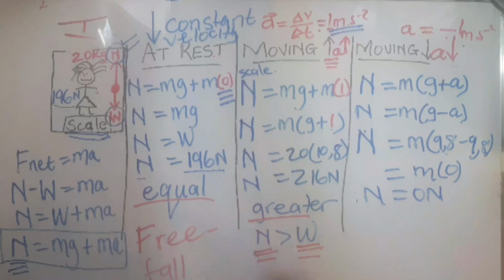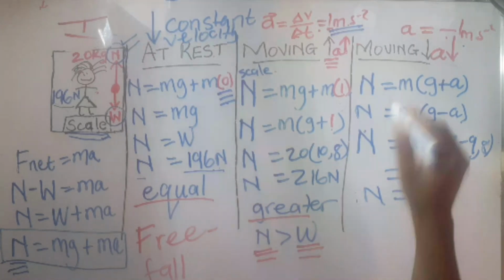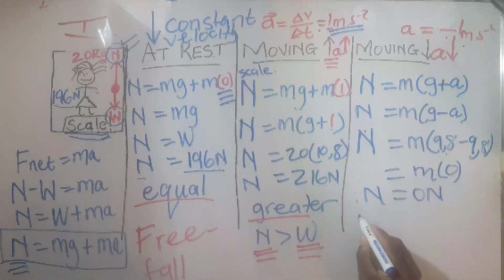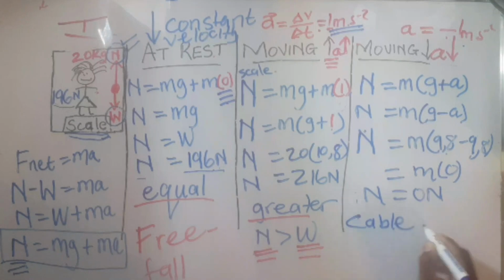So there will be no reading when the cable of the lift suddenly breaks. So these are the four situations on the lift problems that you're going to have in your multiple choice questions.